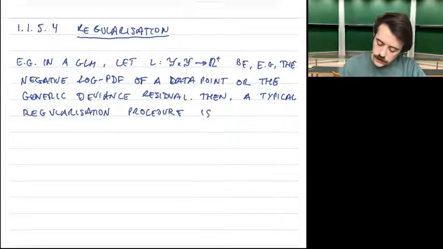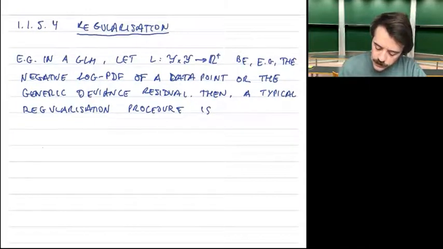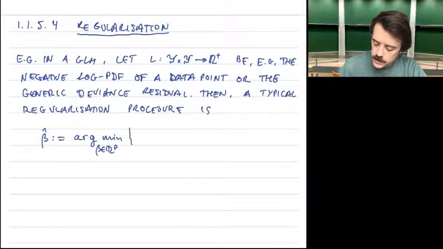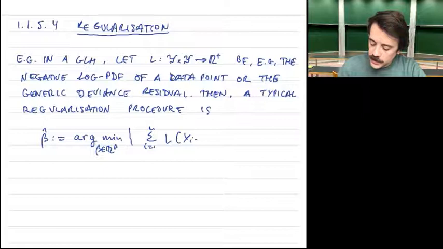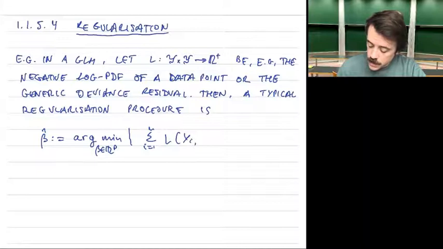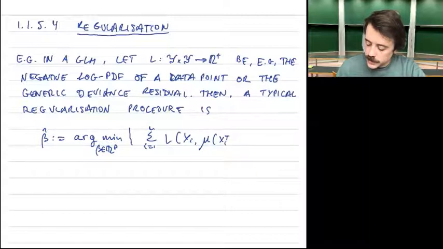We modify our fit, so let me write it. arg min over the betas in R^p of the sum from i equal 1 to n of this L at the y_i, comma, the mean function, so the image of the ith linear predictor.